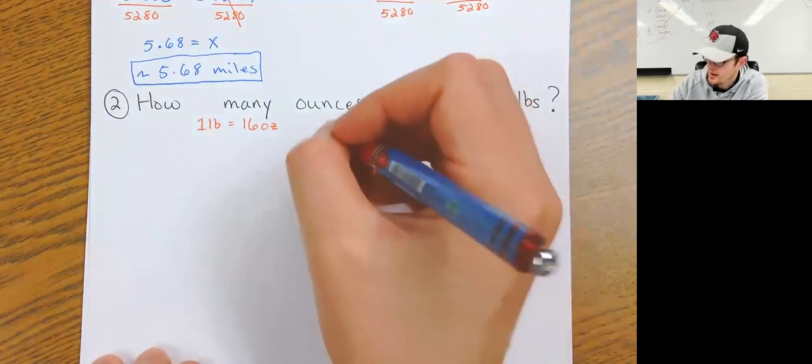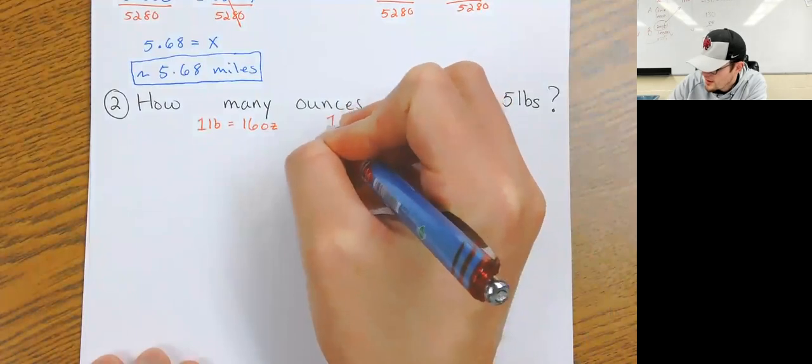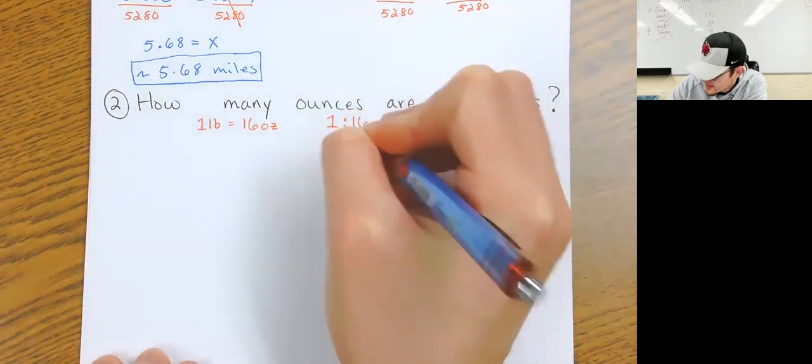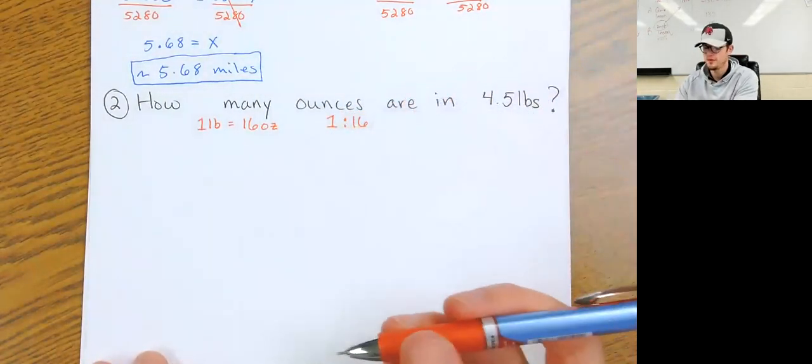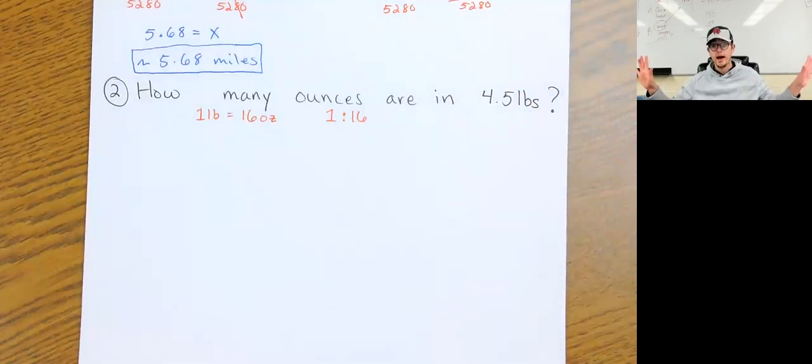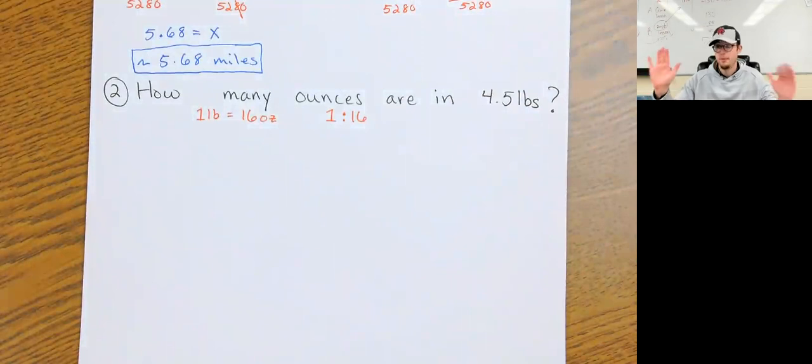All right. And again, another way to write that is this is a 1 to 16 ratio. Now that you know the ratio, you can pause the video and try this for yourself following that other example. So pause. Okay, now we're going to resume. All right, so now I'm going to solve it.